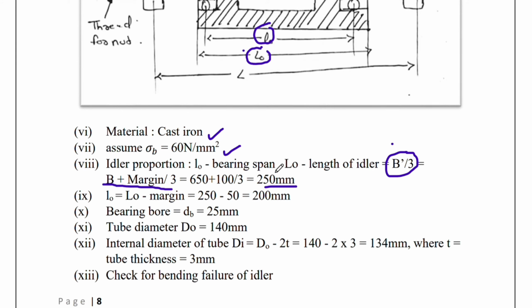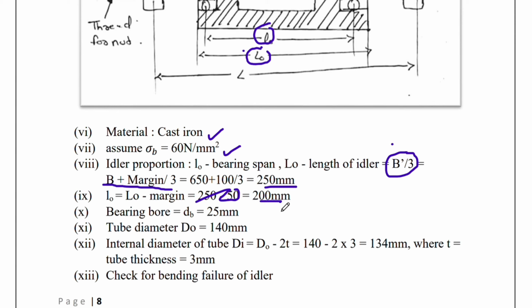Then we will find the bearing span, small LO, and the formula for that is capital LO minus margin. For capital LO we got 250 mm, and this margin we assume as 50 mm. So 250 minus 50 gives 200 mm, which is the bearing span.